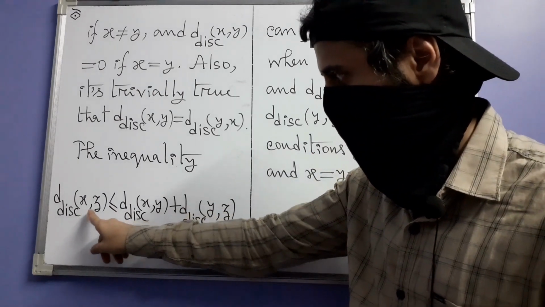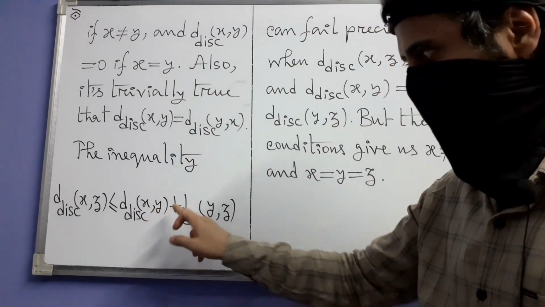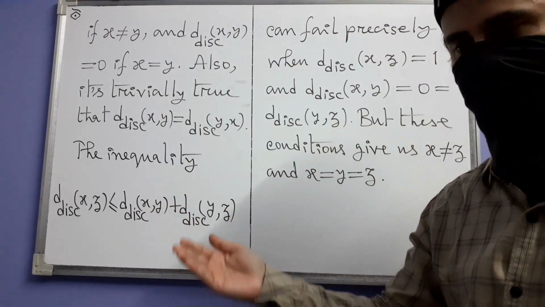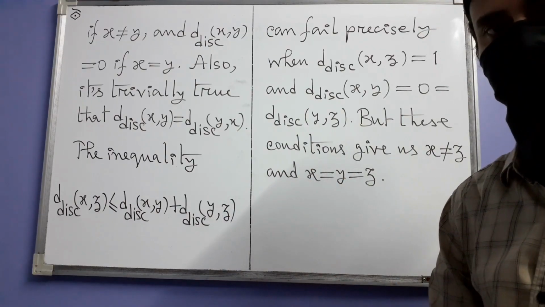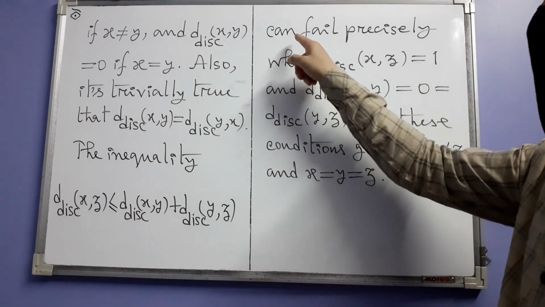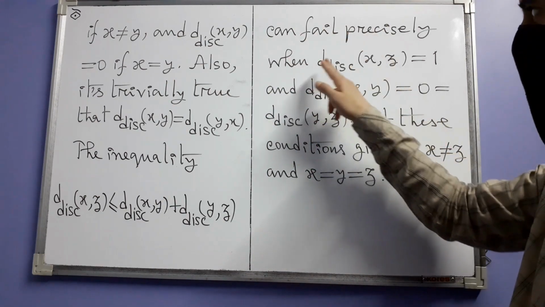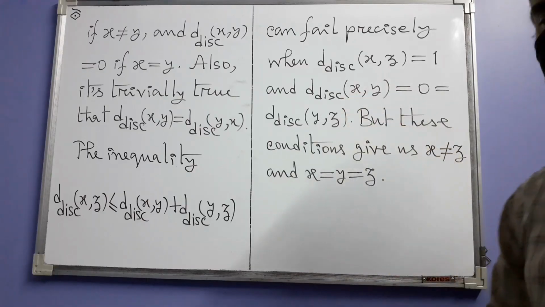d-disk distance between x and z is less than or equal to d-disk distance between x and y plus d-disk distance between y and z. And this inequality can fail, does fail, precisely in these cases.